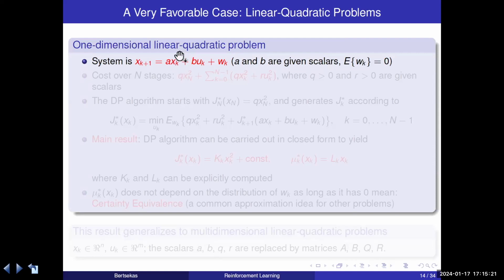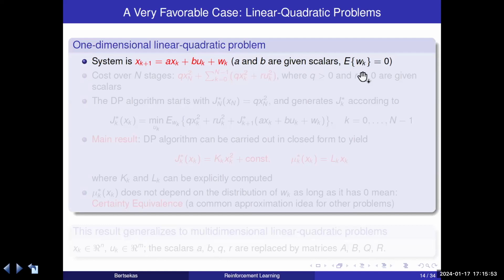In general, this analysis extends to the case where x_k is a vector with n components. And the new state is given as the summation of a linear multiple of the current state plus a multiple of the control and a random disturbance, w. A and B are given scalars, and I'm going to assume here that the w has zero mean.